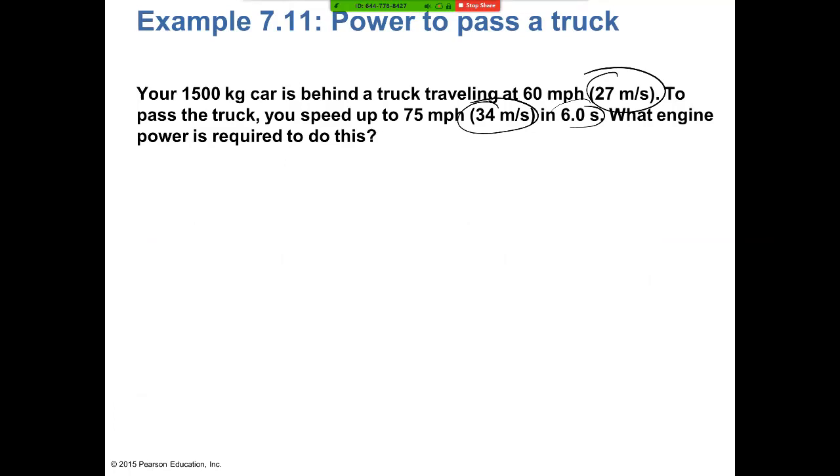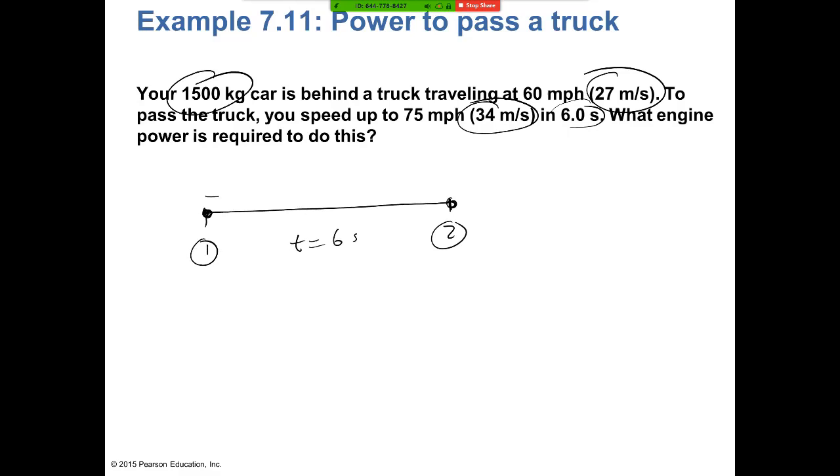Because to speed up, your engine has to do work to increase your kinetic energy. Given the mass of the car, let's say here's your car at position 1, and it moves to position 2 in order to pass the truck. It happens during this 6 second time interval.